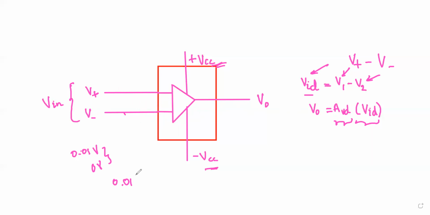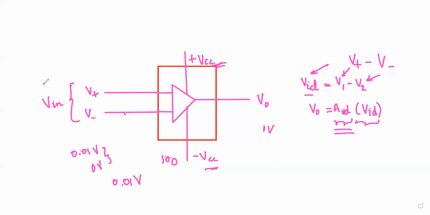V plus minus V minus is going to be 0.01 volts. They will be providing the AVD value, a constant. Let's say the constant here is 100. You can easily figure out the output voltage is going to be 0.01 times 100, which is 1 volt.